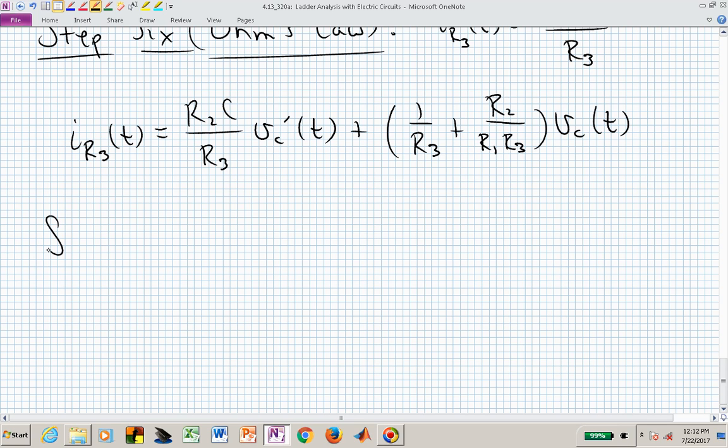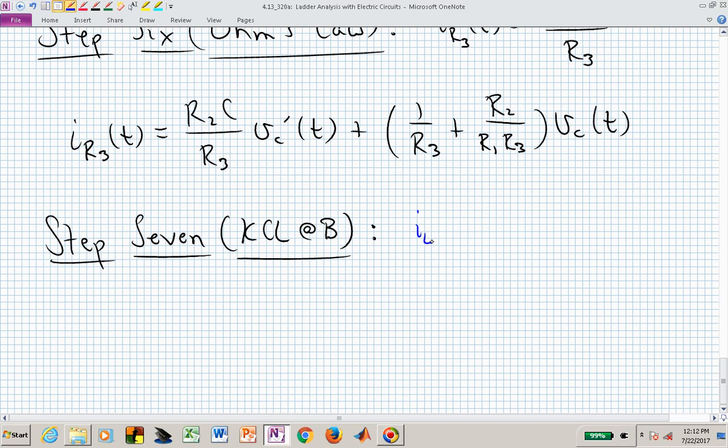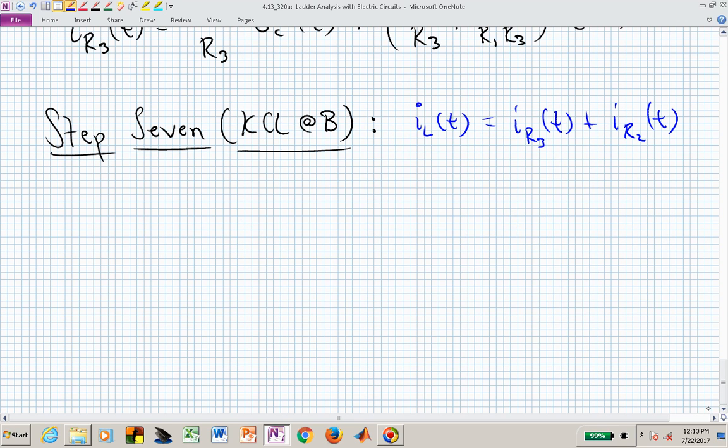And as we hinted before, step 7 is going to be a KCL at node B so that we can now find an equation for I sub L. I sub L is just I sub R sub 3 of t plus I sub R sub 2 of t. And we have all of those written in terms of V sub C and its derivatives. Or I sub L of t is now I sub R sub 3.